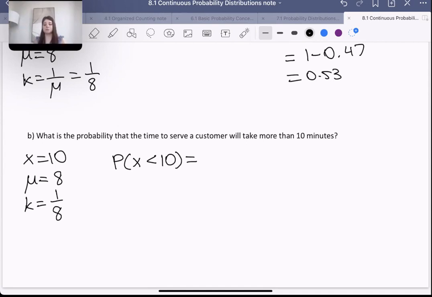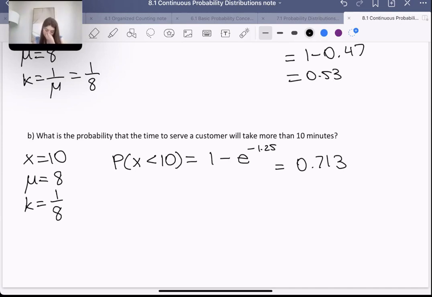So there's going to be more room for probability there. And so that's going to be equal to 1 minus e to the negative 1.25, which is equal to 0.713. There we go.